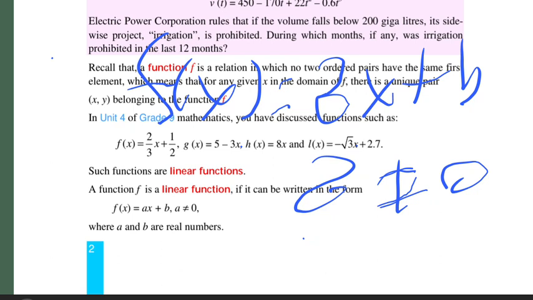If a is equal to 0, then 0 times any number is 0. Due to that, we have to restrict it when we write the general formula of a linear function.